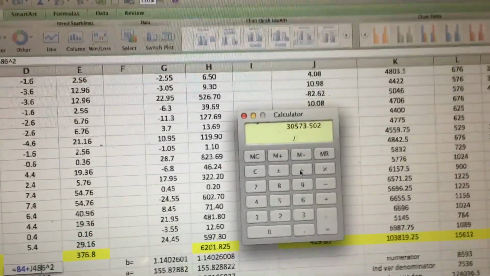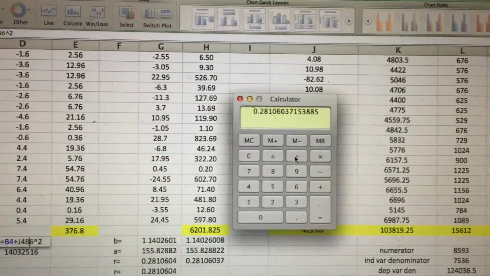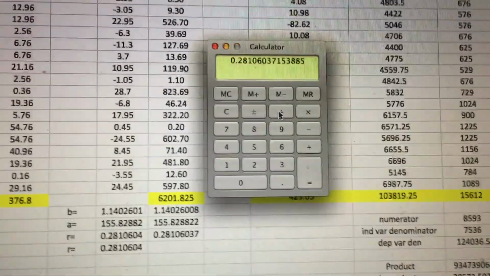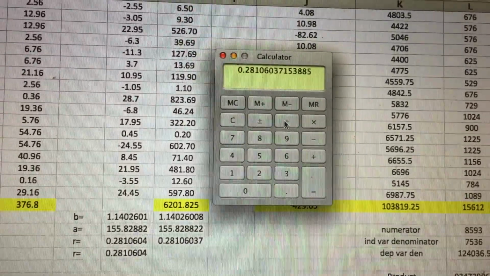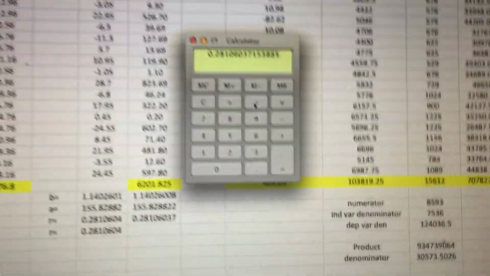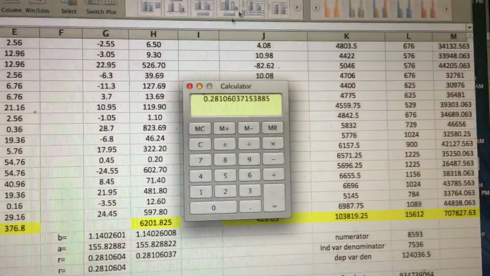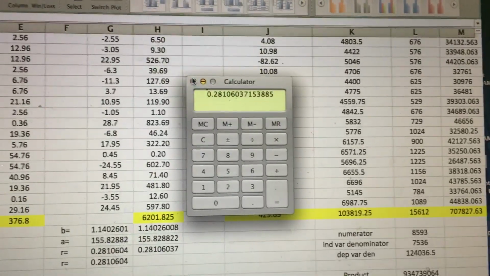I'm just gonna go with that, 5026. Oh, okay. And so it's saying our R is equal to 0.28106, which is exactly what we have over here, right?